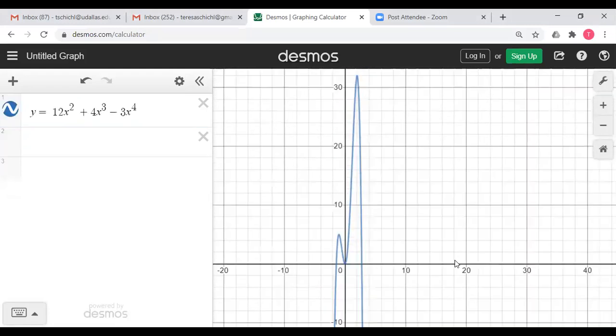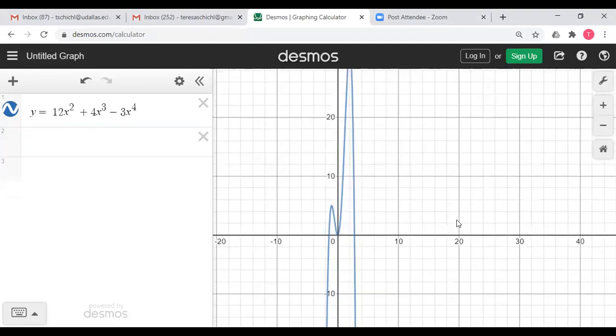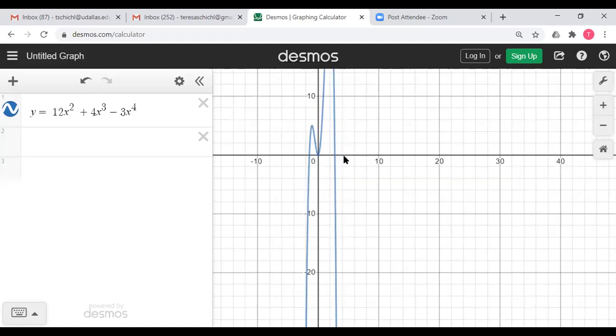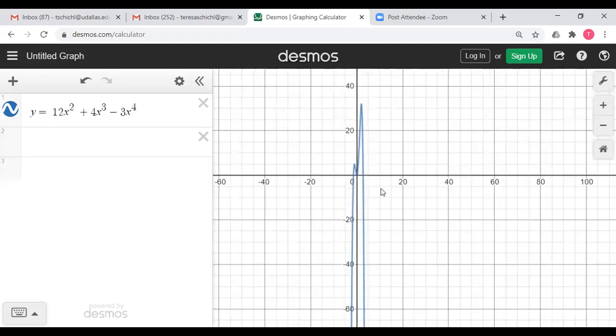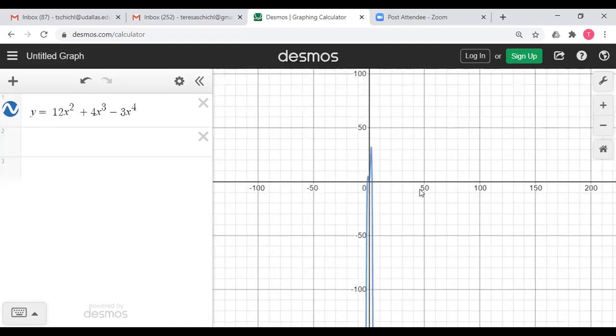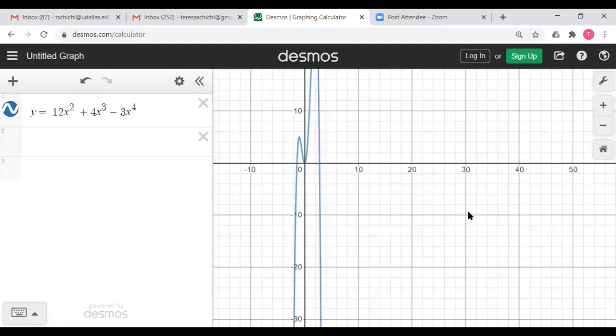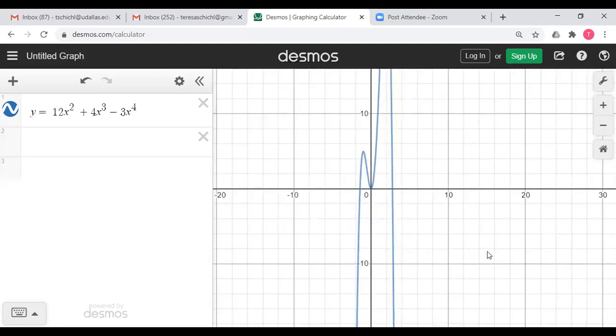So the first thing they ask is the domain and the range. Because x is continuous, the domain will be everything on the x-axis. Even if you zoom out smaller, the axis can go to infinity and negative infinity. Let's make it bigger so I can see the details. So the domain is negative infinity to positive infinity.